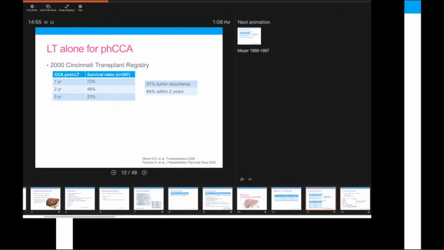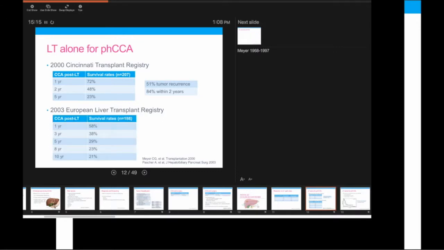The tumor recurrence in this population was 51%, and 84% of the tumors recurred within the first 2 years of transplant. Around the same time, our European colleagues also evaluated transplant for cholangiocarcinoma. They used their European Liver Transplant Registry, and they found that the 1-year survival was 58% and 5-year survival of 29%, with a 10-year survival down to 21%.